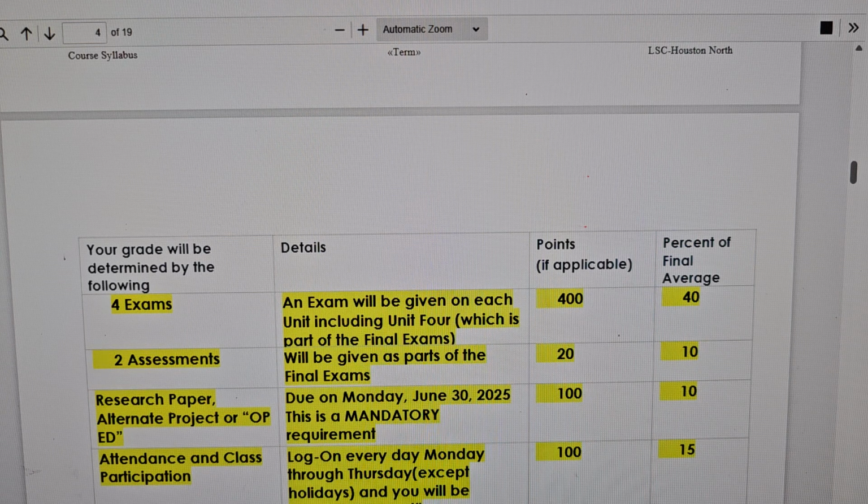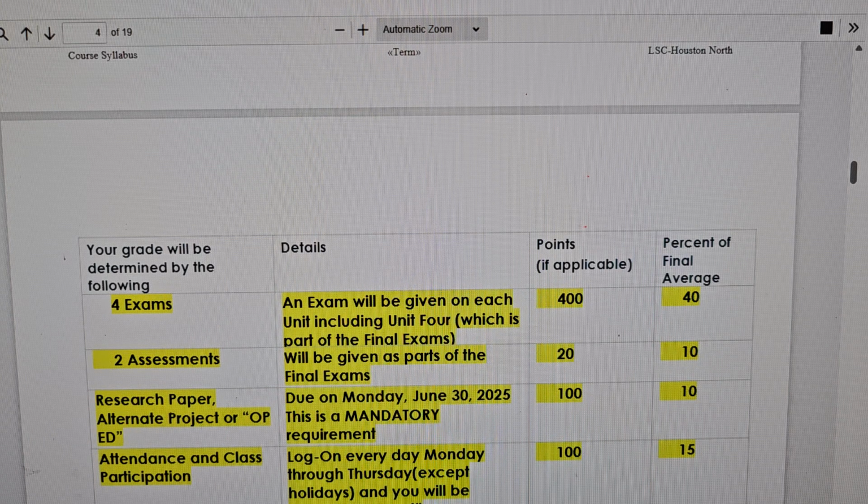So here again, to do your attendance, you simply log on each day, Monday through Thursday, except for holidays. We have a holiday, Juneteenth, which is June 19th, so you don't have to log on. If you log on, that's great, but you don't have to. I'm not going to give you attendance for that date. Or also July 3rd.